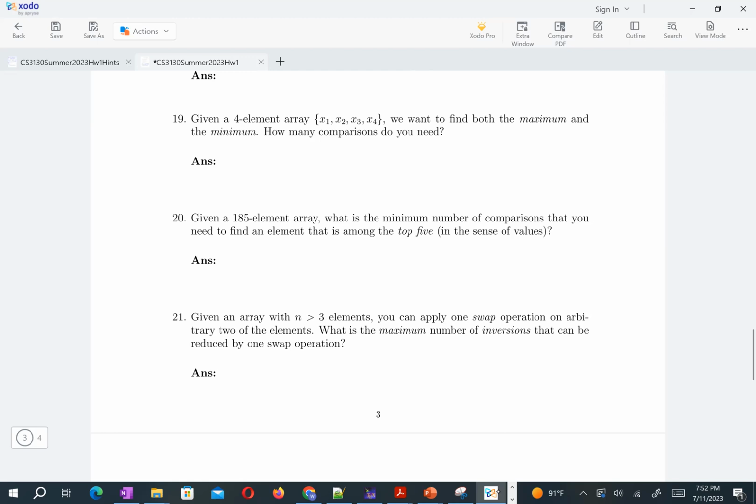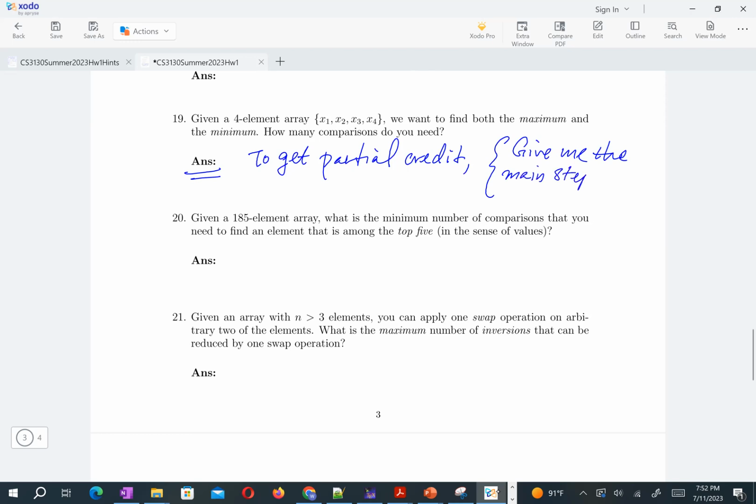For short answer type questions, although it's not necessary to give me the details, you like to get partial credit, right? So give me the main steps or main formulas.